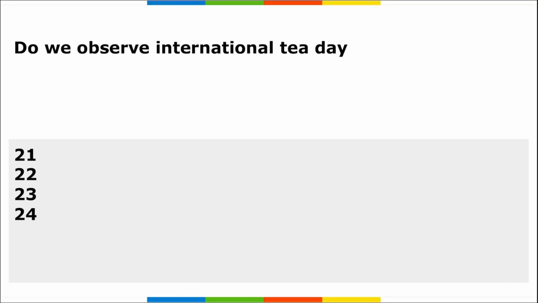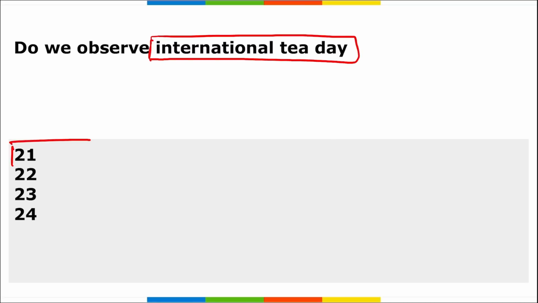Next, when do we observe International Tea Day? We observe International Tea Day on 21st of May every year. This day is observed globally to promote ways to sustain the production and consumption of tea across the globe.